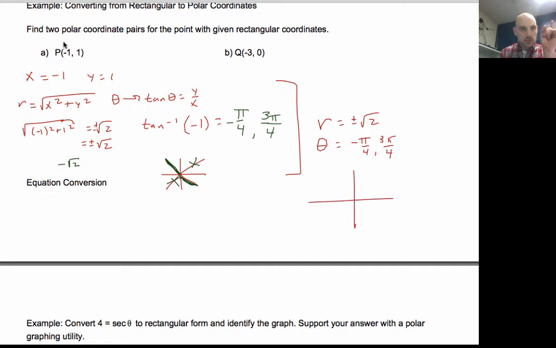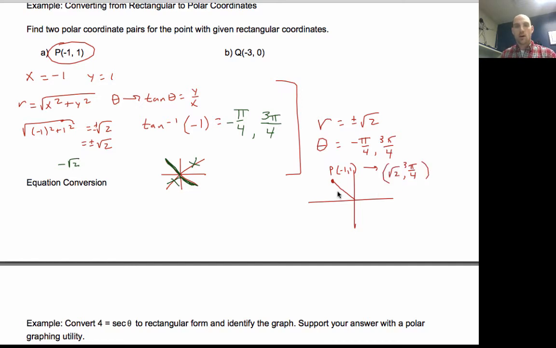The point is negative 1, 1. Okay, my point is here. And so the only possible combinations that could go there would be 3 pi over 4 and root 2.